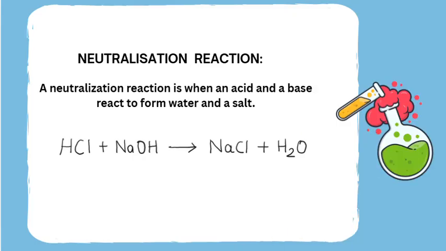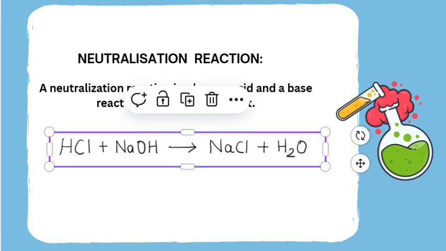Next, we move to neutralization reaction. A neutralization reaction is when an acid and a base combine to form salt and water. Let us take an example. HCl, which is a strong acid, plus NaOH, which is a base.